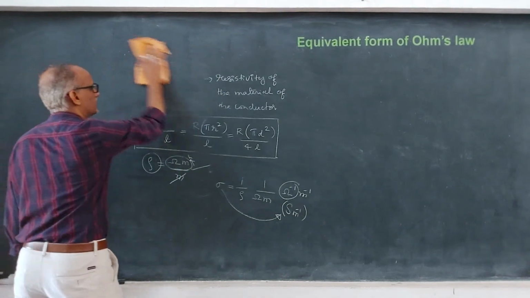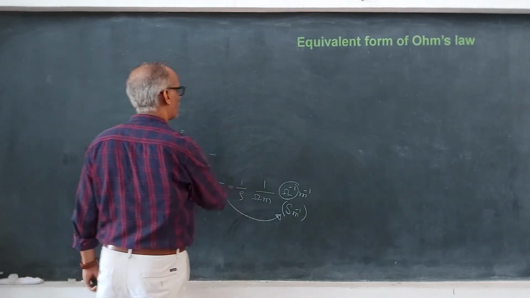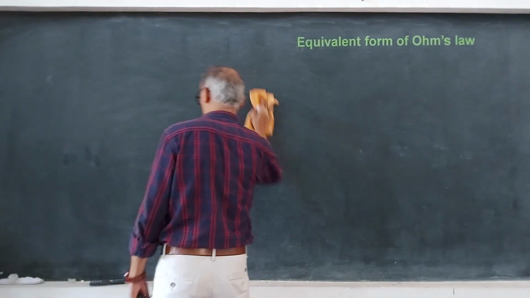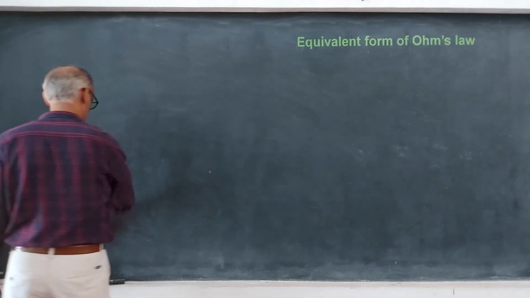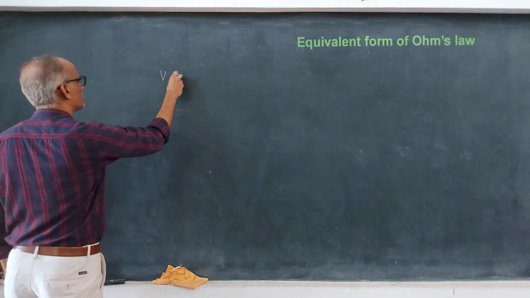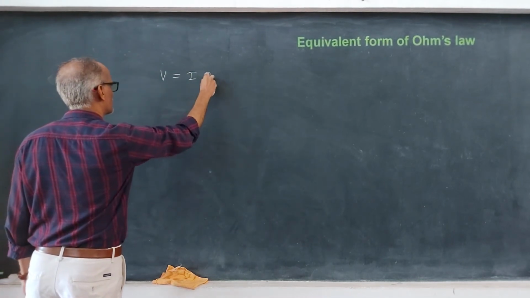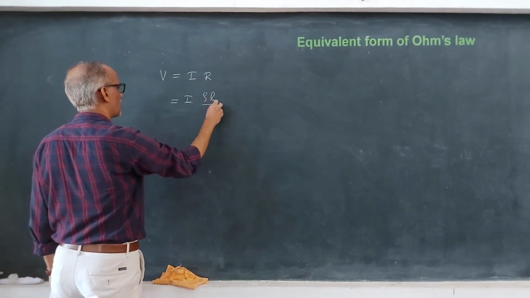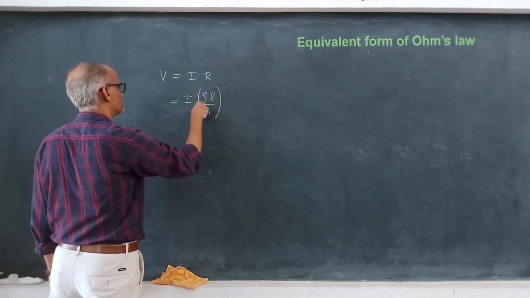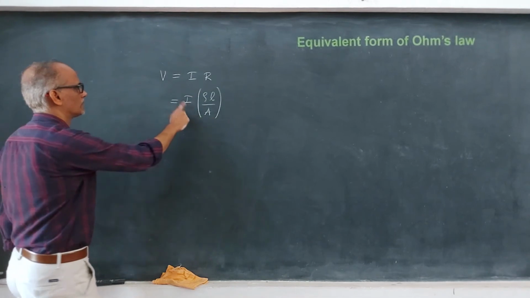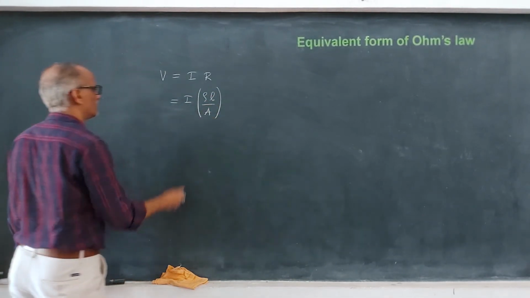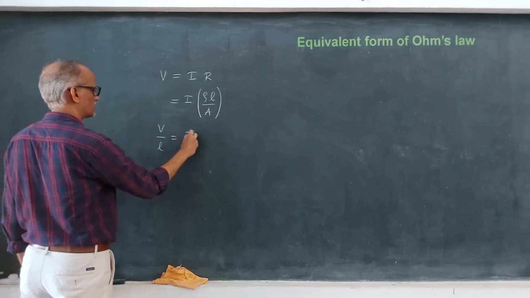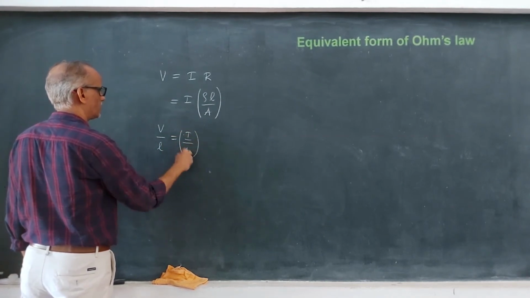So next we have the equivalent form of Ohm's law. I am going to start with V is equal to IR, which is Ohm's law. Then I will replace R as rho L by A, so V is equal to I rho L by A. Then I will rearrange: V by L is equal to I by A into rho.